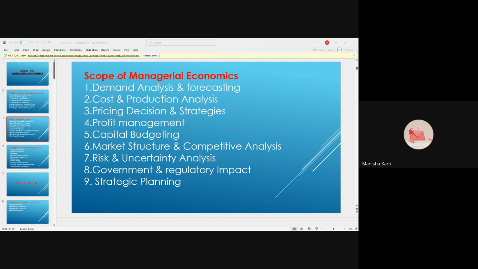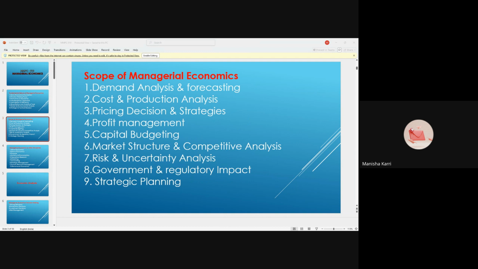So, managing the risk associated with business decisions. In every company, whenever we take any decision, we need to calculate the risk associated with that particular decision, and consider market fluctuations to minimize potential losses in the company.